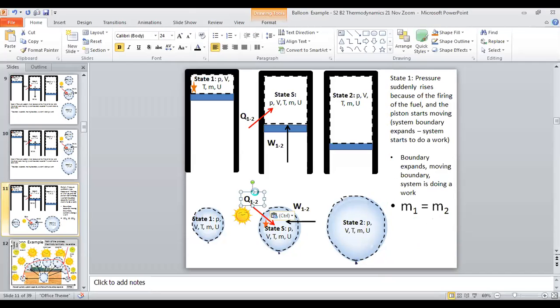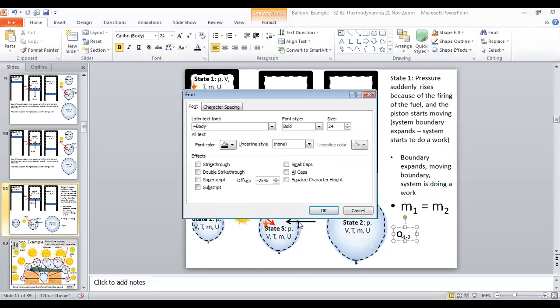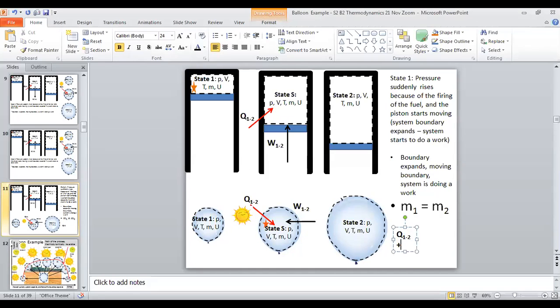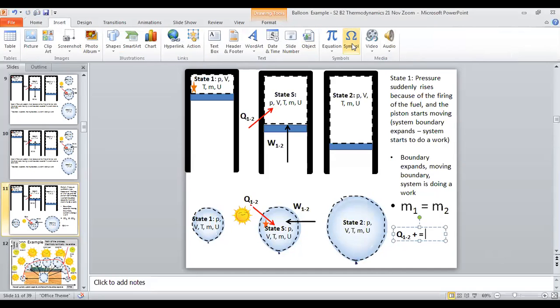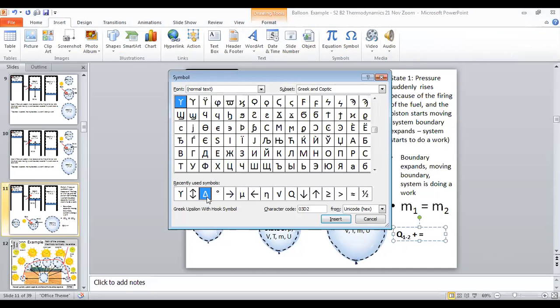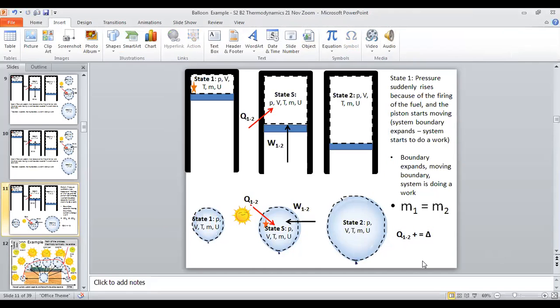Q12 input plus W12 equals delta U. Q plus W, W here is W12, from state 1 to state 2, is delta U for the closed system.